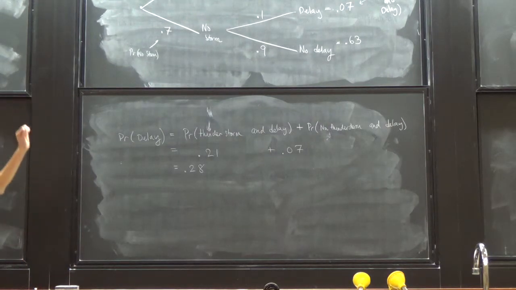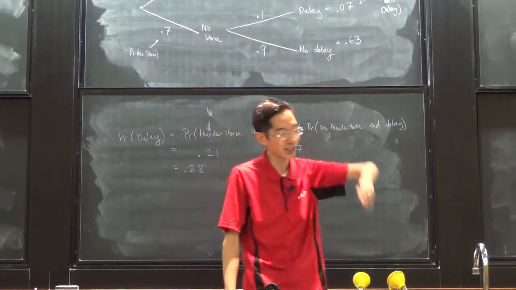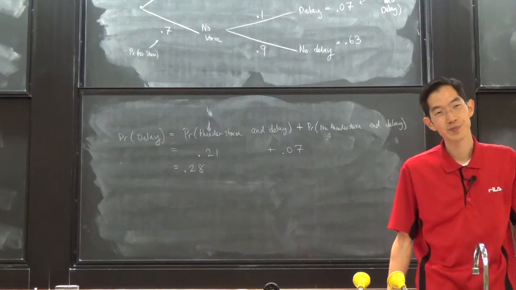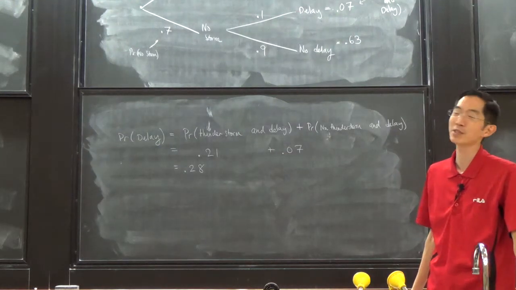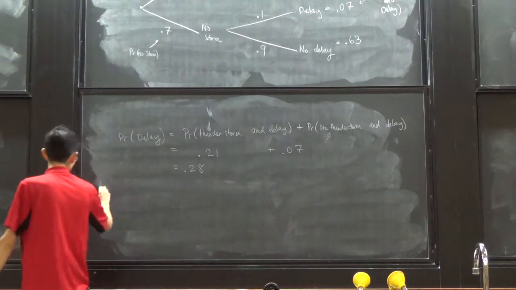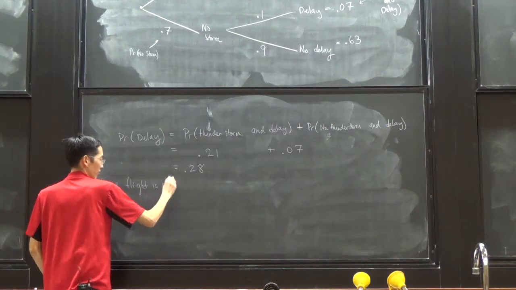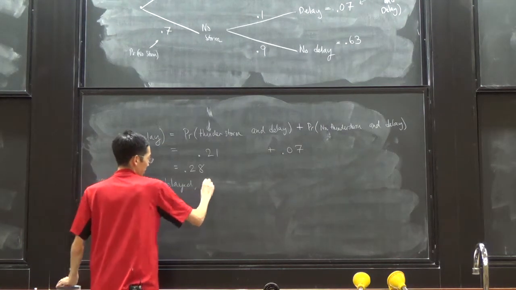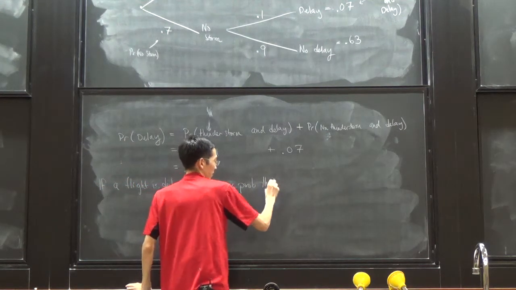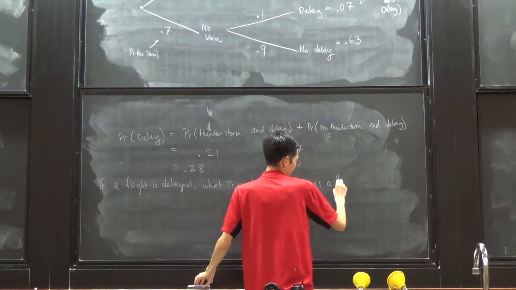So they give you all of this stuff, and then you get to the airport, you look at the logs, and it says the flight is delayed. So you say, oh, I wonder if there was a thunderstorm. Okay. So, if a flight is delayed, what is the probability that there was a thunderstorm?